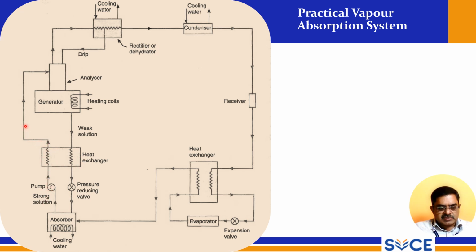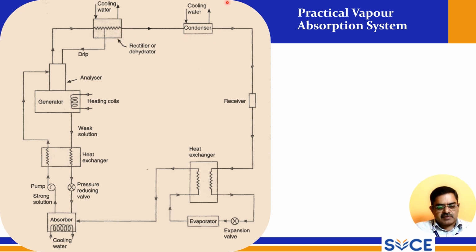Another heat exchanger is provided along with the evaporator here, and through this heat exchanger the pumped refrigerant is supplied to the rectifier through the generator. The generator produces the heat, and this heat is combined with the refrigerant and sent to the cooling water, that is the rectifier, also known as the dehydrator. From the dehydrator it is sent to the condenser.